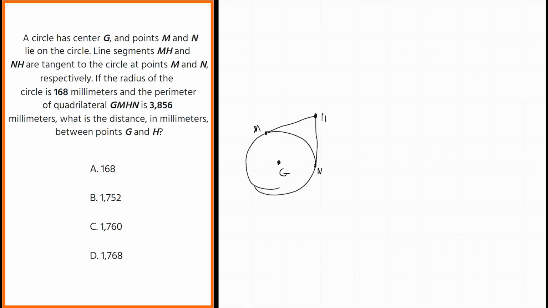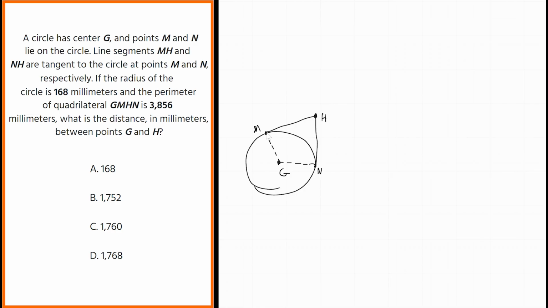that we will call point H. And it says that the perimeter of the quadrilateral GMHN is 3,856. So that quadrilateral would include these lines coming from G and going to M and going to N. Now, couple important things to notice here.